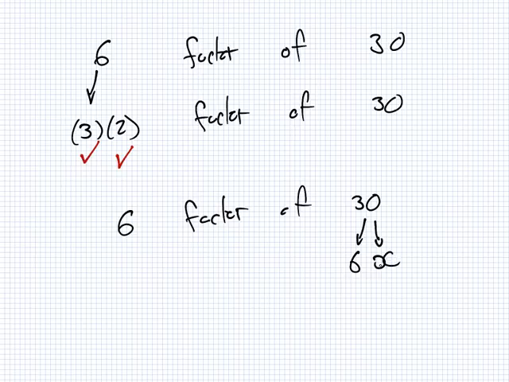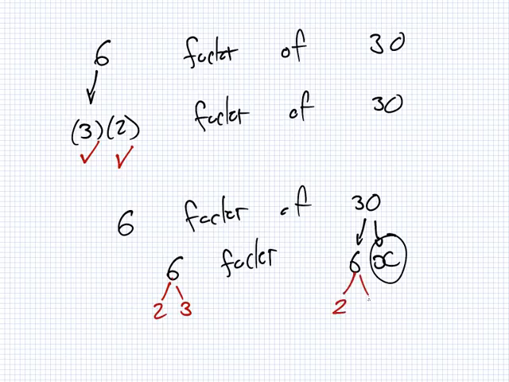That's what it means to be a factor, that 6 goes into it. Now in this case, what's this number? It's 5. 6 can be changed into 2 and 3, so you have 30 is 2 times 3 times x.